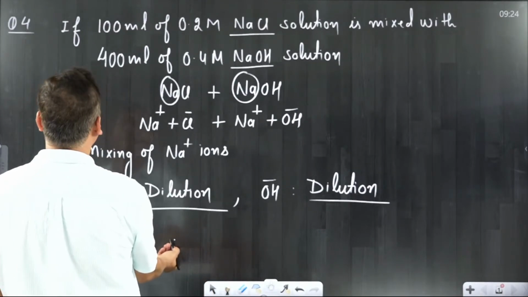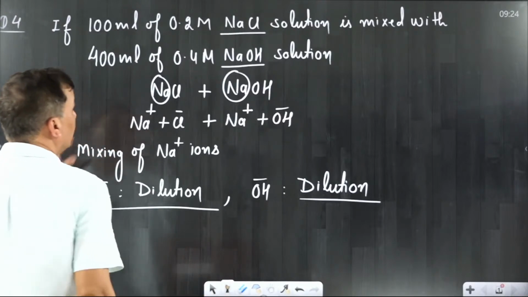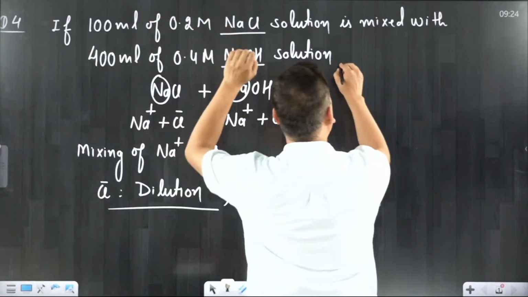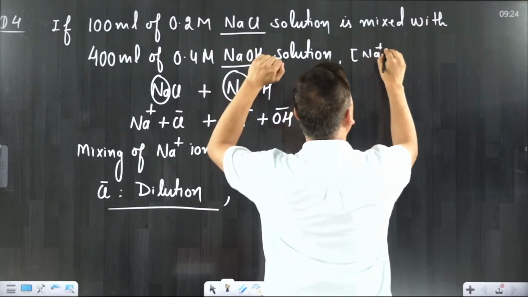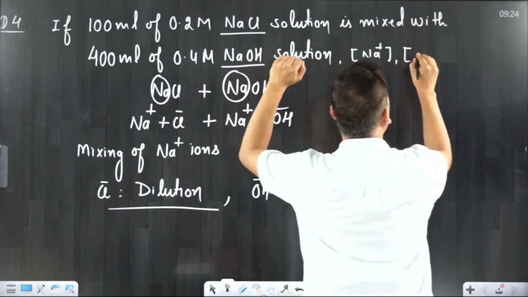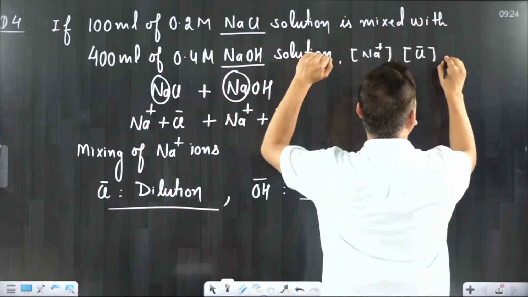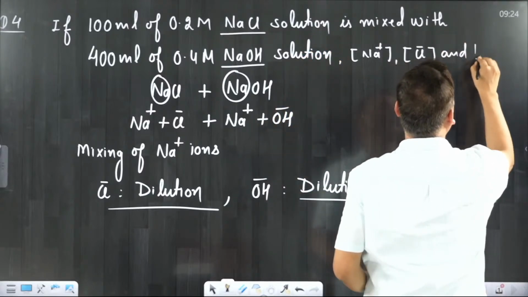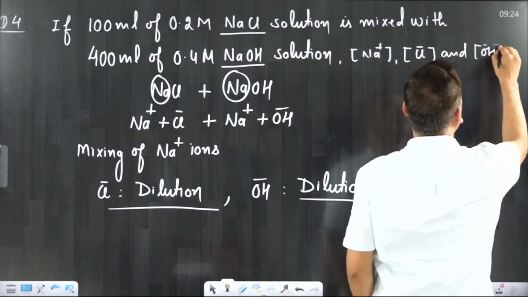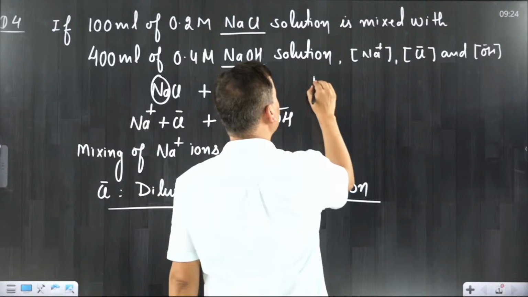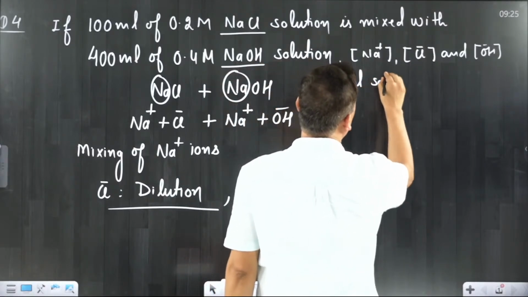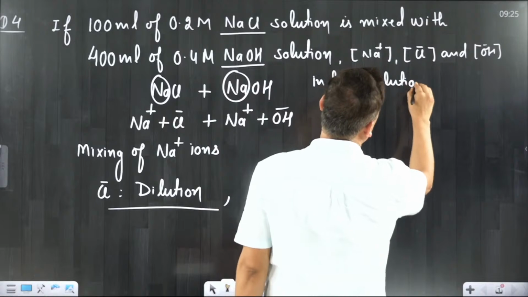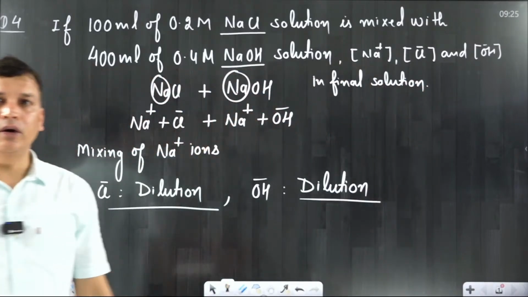What will be the concentration of Na positive, concentration of Cl negative and concentration of OH negative ion in the final solution. Please dear friend, tell me, you got the question or not?